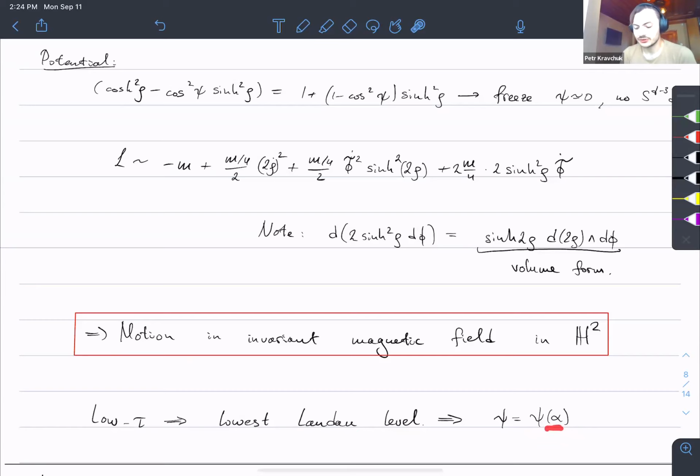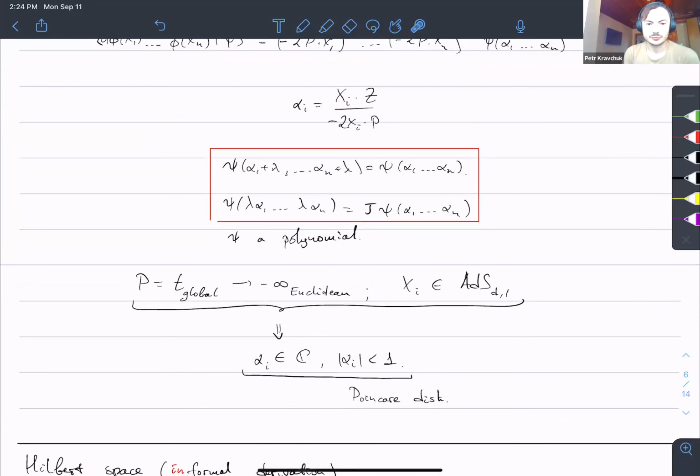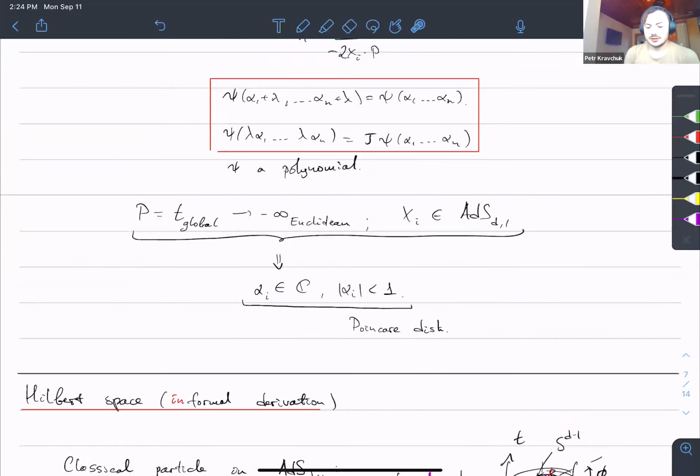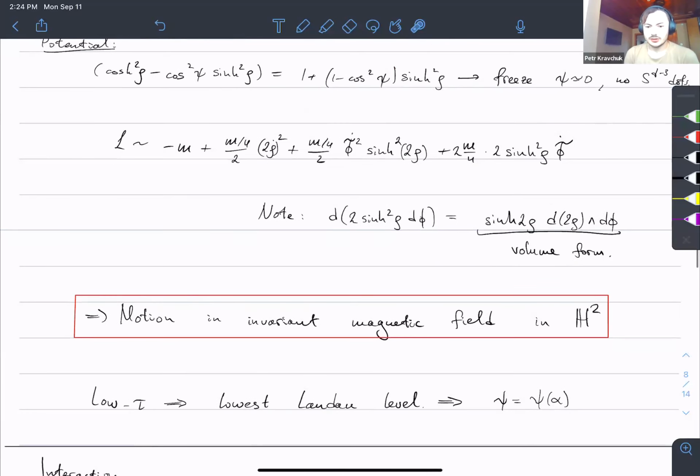As for this alpha that we had here, which in this construction appeared more or less out of nowhere, in this interpretation it becomes the center of the lowest Landau level inside of the hyperbolic plane, where you think of the hyperbolic plane as being realized in the unit disk of the Poincare model.